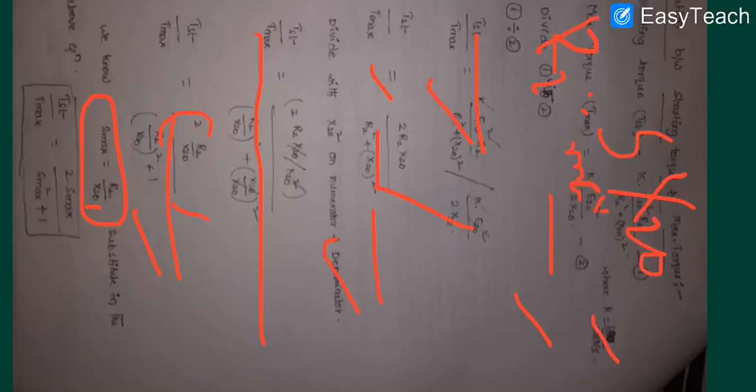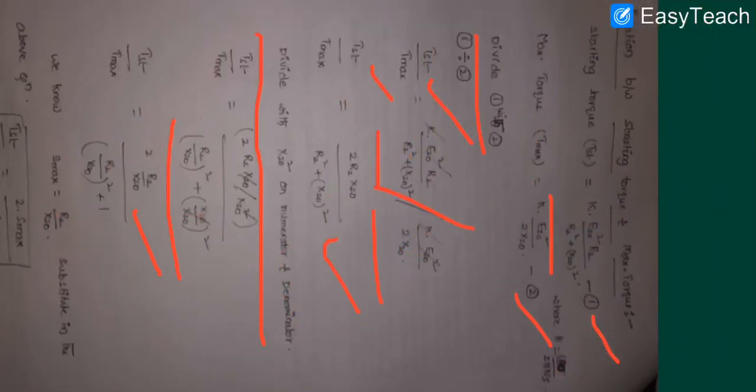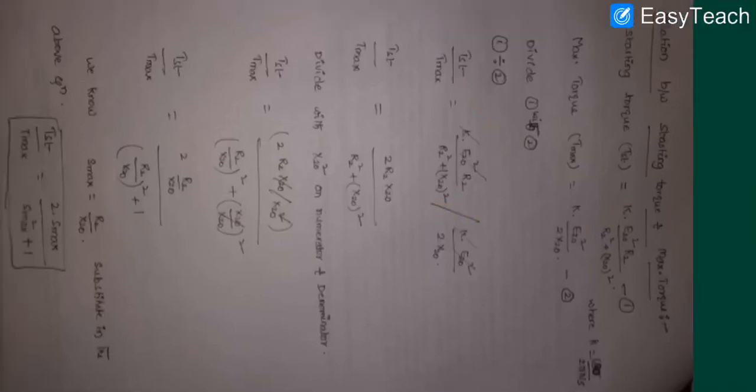So we substitute S maximum in the numerator for R2 by X20, and the denominator is also replaced with S maximum. Like that we can define the relation between these two. So finally the relation between starting torque and maximum torque is given by 2 times S maximum by S maximum square plus 1.